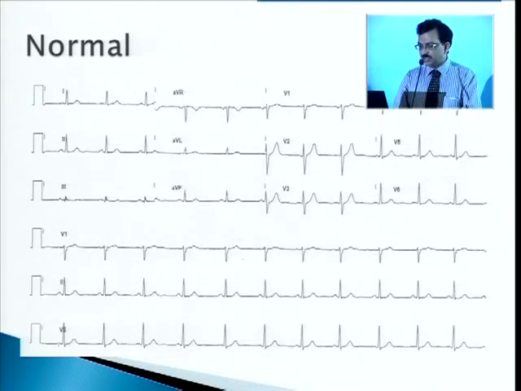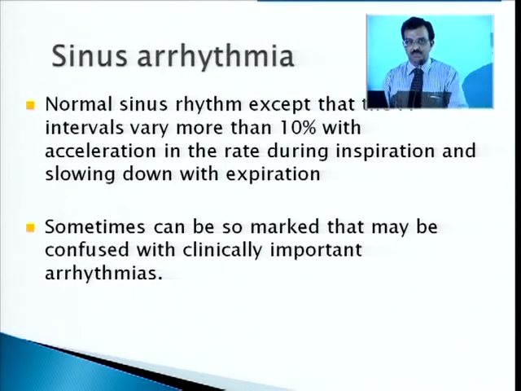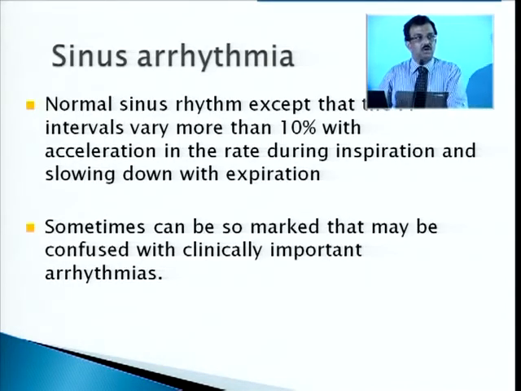Sinus arrhythmia is a normal sinus rhythm, except that the PP interval varies by more than 10%, with acceleration of rate during inspiration and slowing down during expiration. You have to be very careful when diagnosing it.